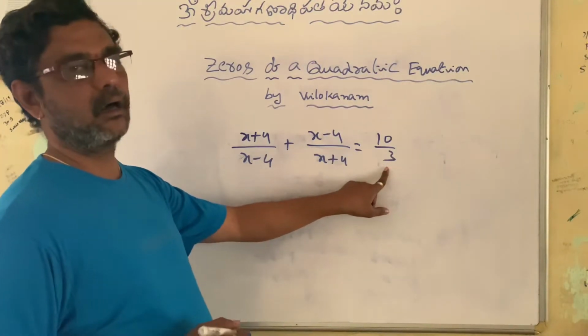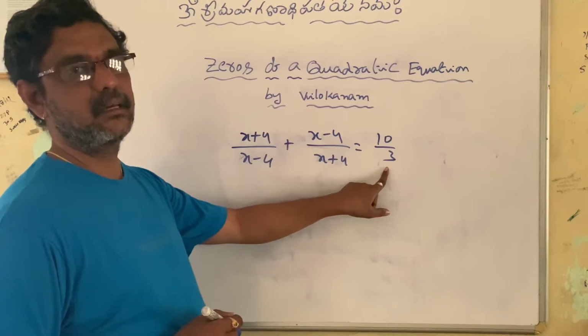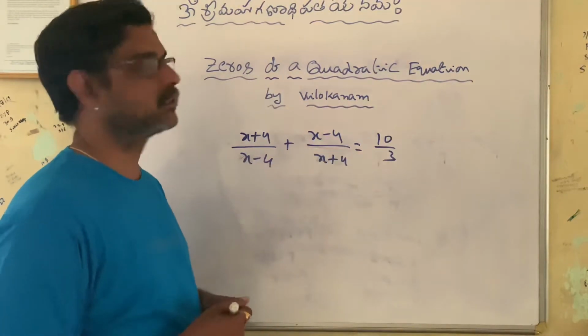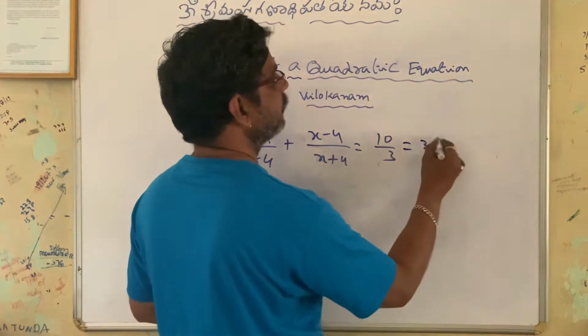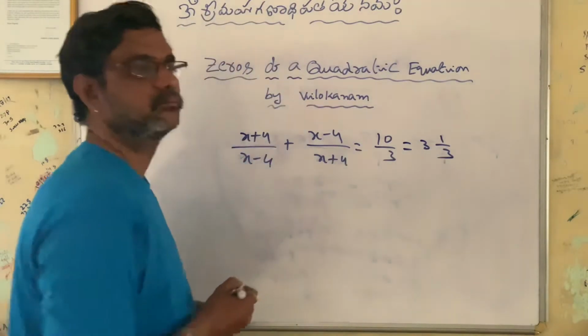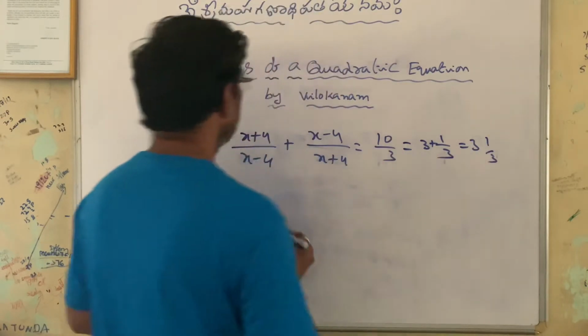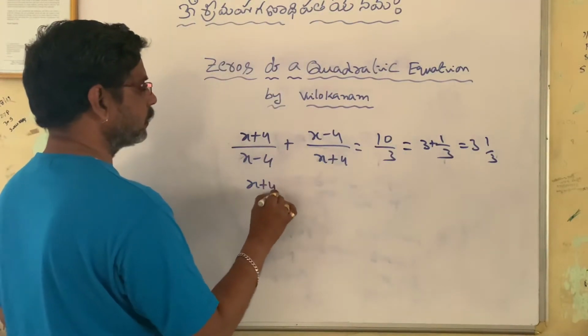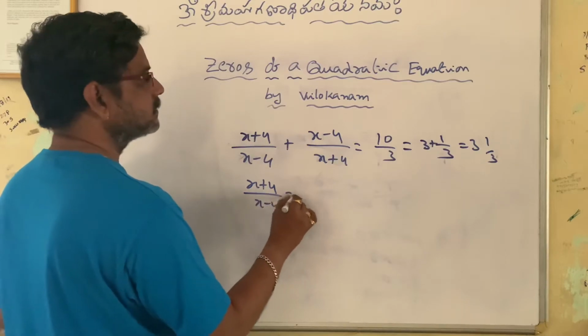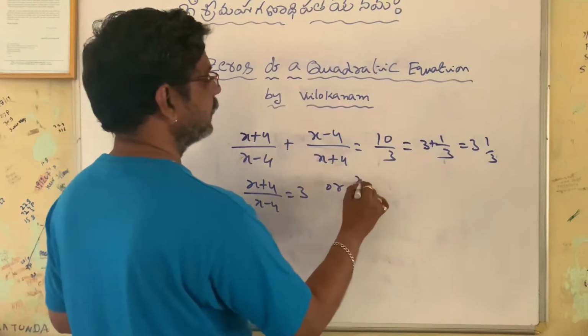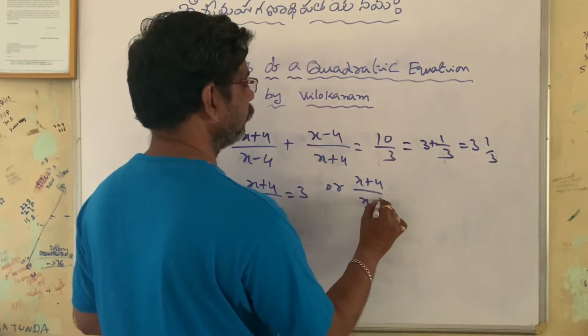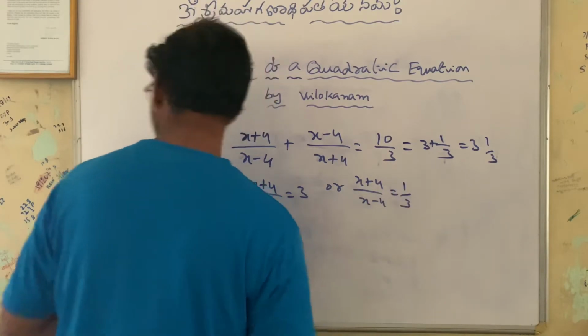The number on the RHS part we have to write in the same manner, that is 3 plus 1 by 3, which is 3 1 by 3. So what we can say? x plus 4 by x minus 4 is either 3 or 1 by 3.